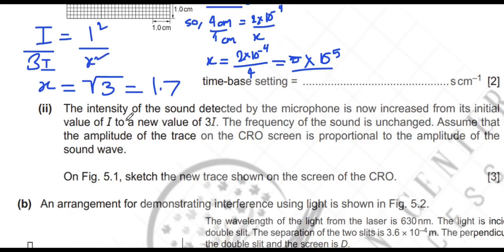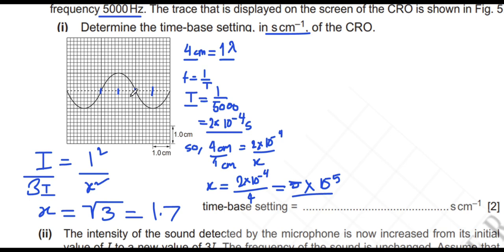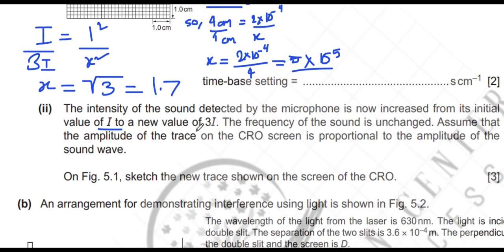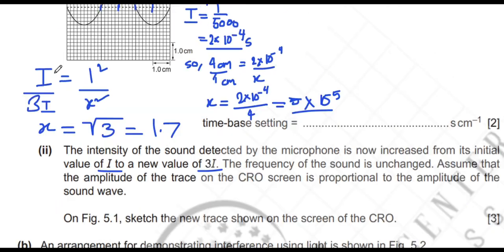In the next question, they said that the intensity I was used for this graph. The amplitude here, if you find it out, was about 1 centimeter. But when they increase the intensity to 3I, what would be the amplitude? They also told us to draw and sketch this graph. Using the unitary method, if I is 1 square, then 3I should be x square.